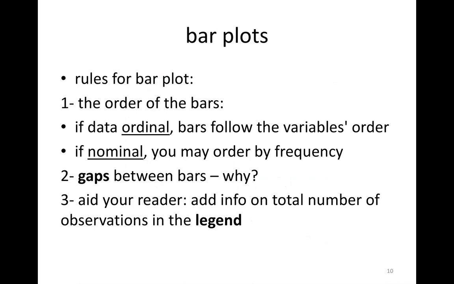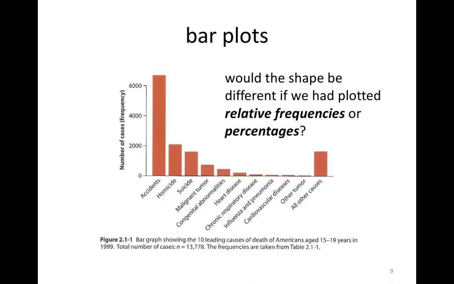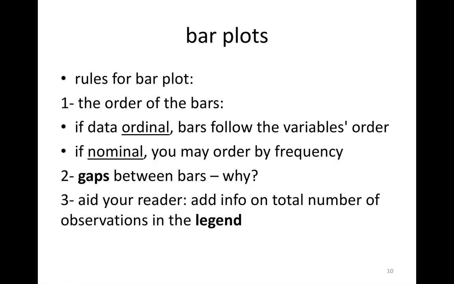And then there are gaps between the bars, that's a characteristic of a bar plot, a tradition. The bars are not drawn next to each other, but with gaps to emphasize that these are categorical variables.